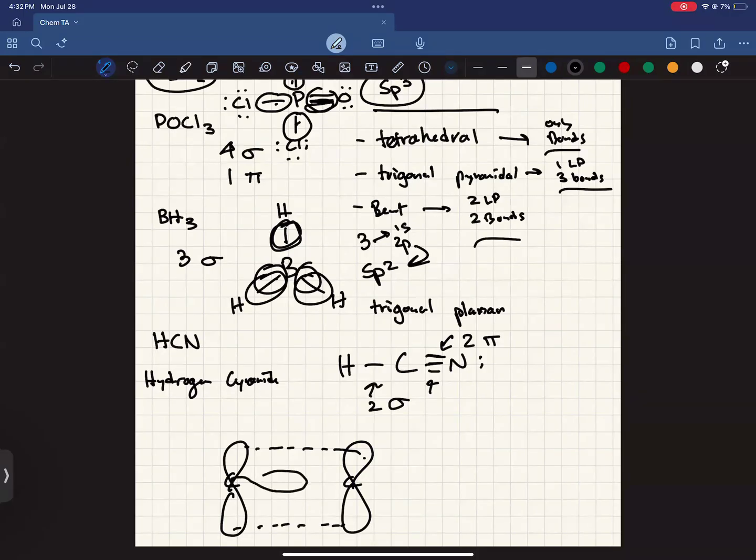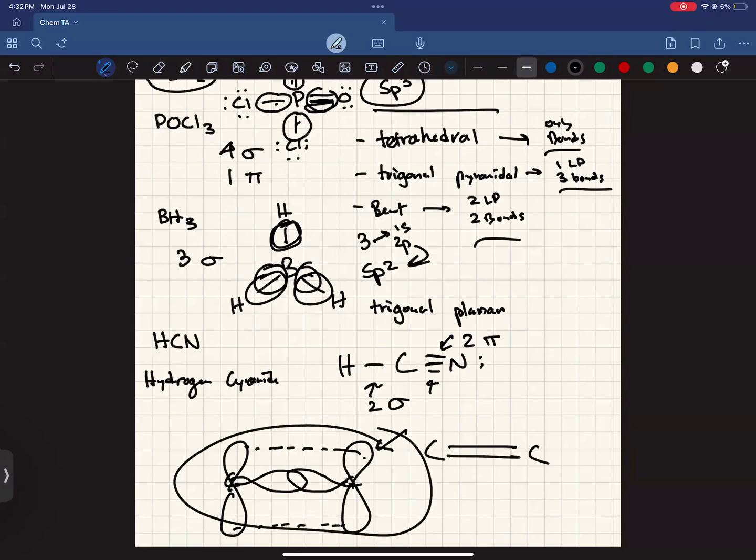Sigma bonds are formed with the hybrid orbitals like this, right? The pi bonds are formed kind of outside of them. And this is where triple and double bonds are formed. What I'm showing here is a double bond between 2 carbons. So know the difference between that. I would know how to draw this too.